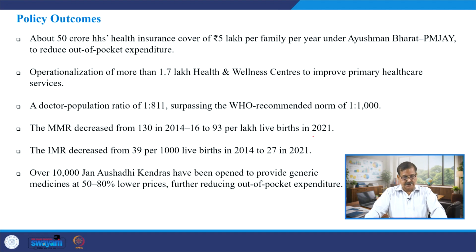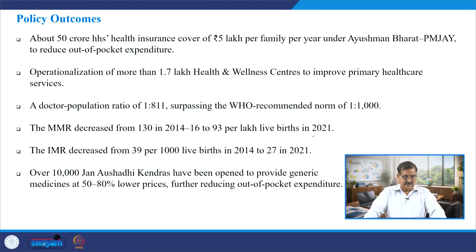Doctor population ratio is now 1 to 811, meaning there is one doctor per 811 population, and the WHO target was one doctor per thousand. So we have also achieved this WHO target regarding doctors. The MMR decreased from 130 in 2014-16 to 93 per lakh live births in 2021.